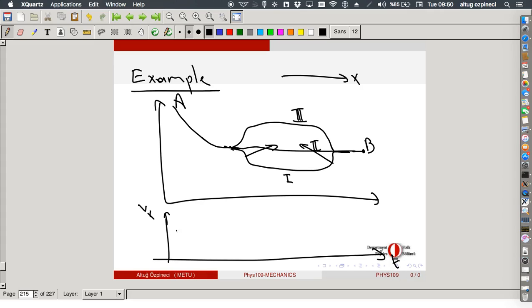So both of the objects will reach this point with the same horizontal speed. The one that takes the first path will have a larger horizontal speed. It will first accelerate in this region and then move with constant horizontal speed. The second one will just go straight. So this is the first one, and this is the particle that takes the second path.